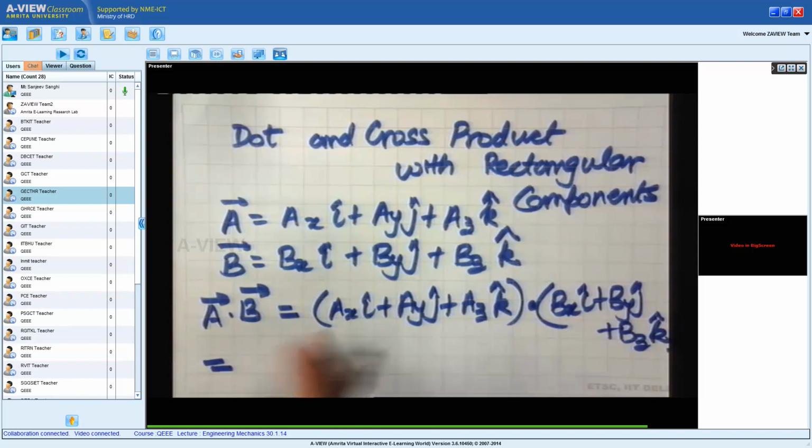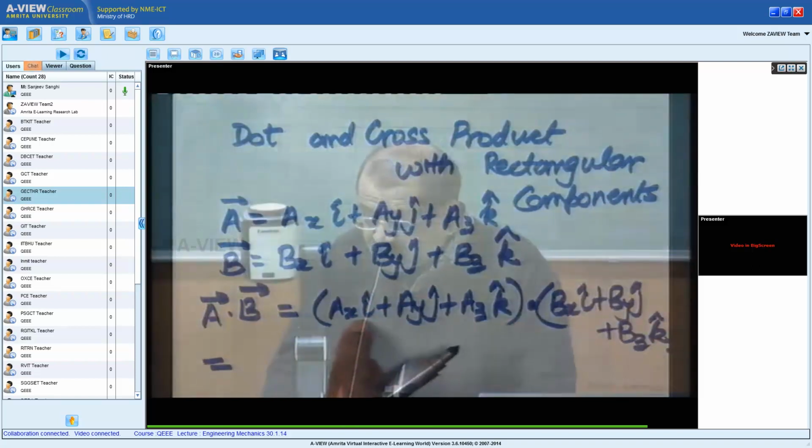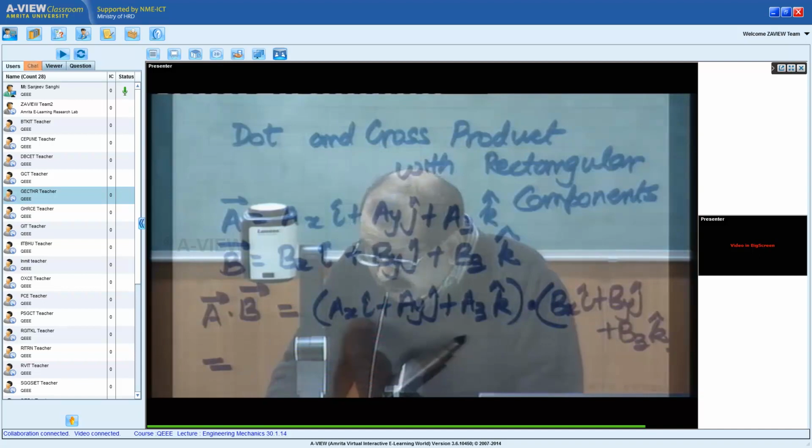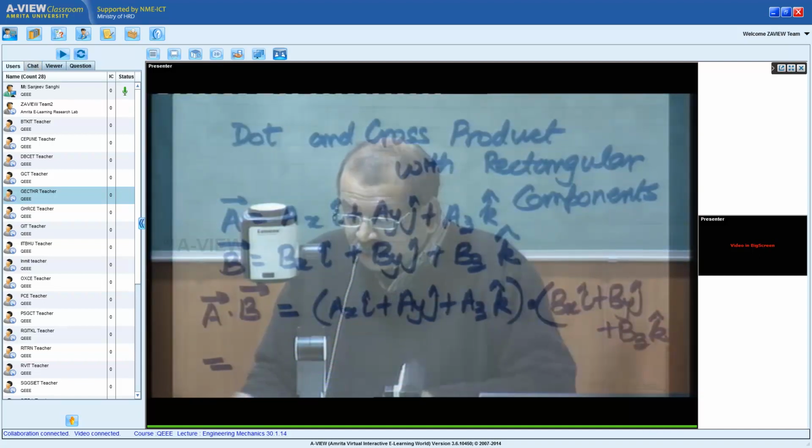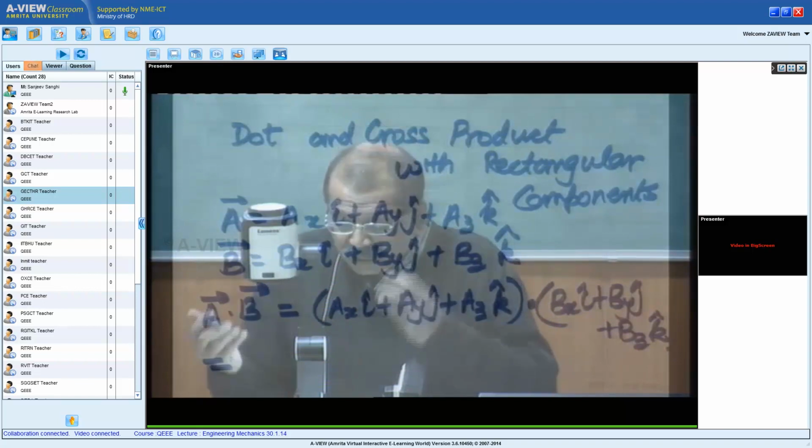And how do I open up these brackets? You take the first term, dot it with the first term, and to that you add the dot of the first with the second, the first with the third, and so on. So totally there will be 9 terms which will be added.